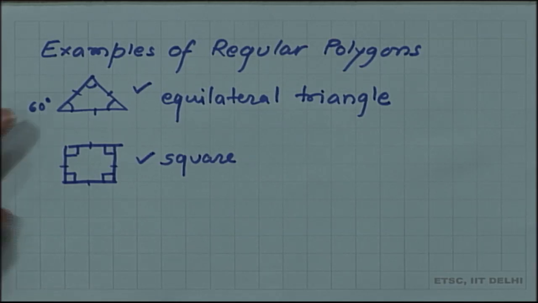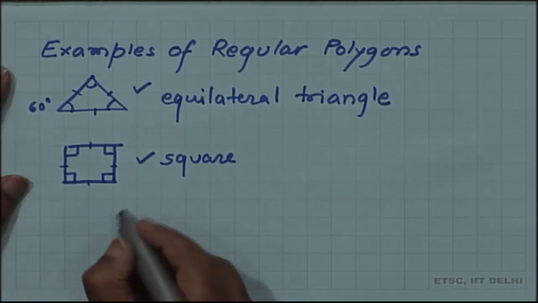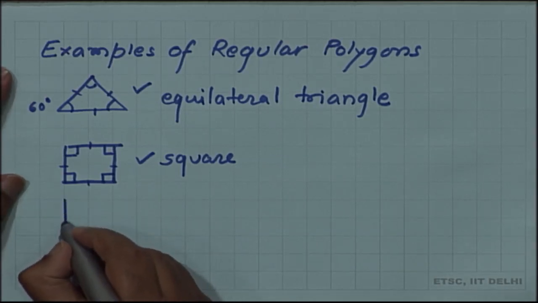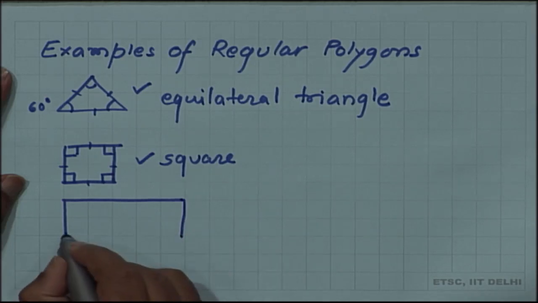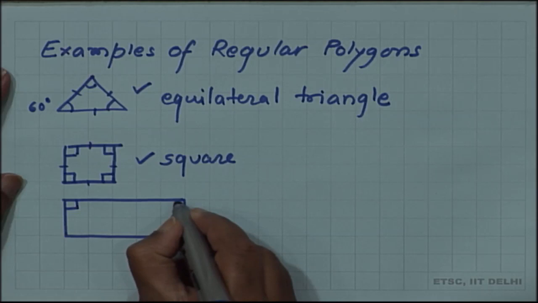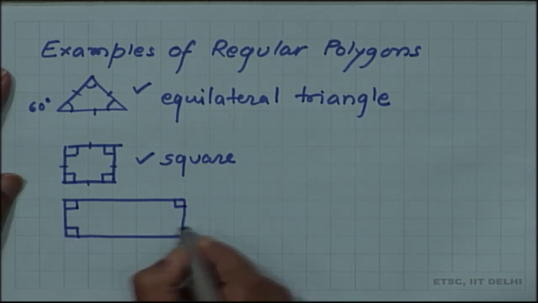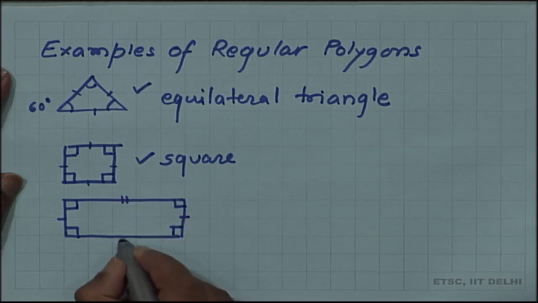But let us look at two examples which are not regular polygons. For example, if we consider a rectangle, it is equiangular, but not equilateral. Sides are not equal.